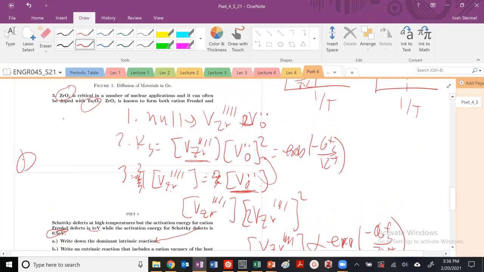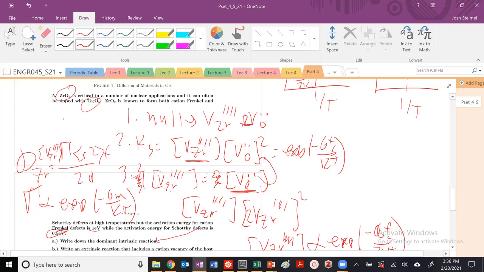We know that the diffusivity of Zr scales as the jump distance r squared times the frequency factor over 2d, times also the vacancy concentration of Zr. This hopping factor scales as exponential of minus G_m divided by kT, and we know the temperature relationship here.